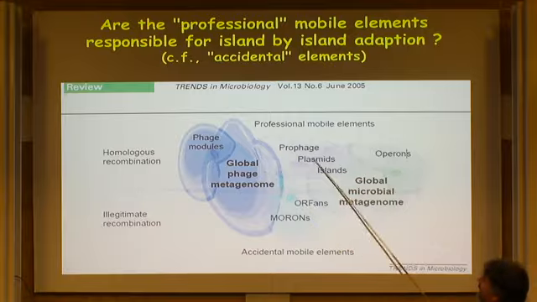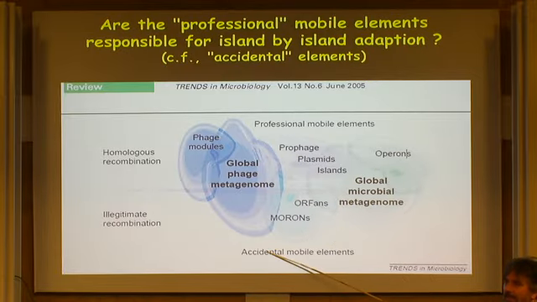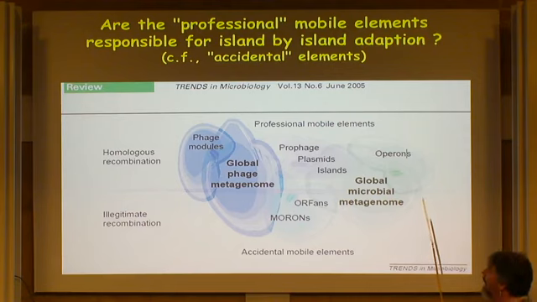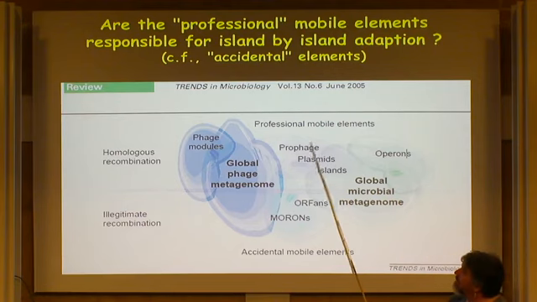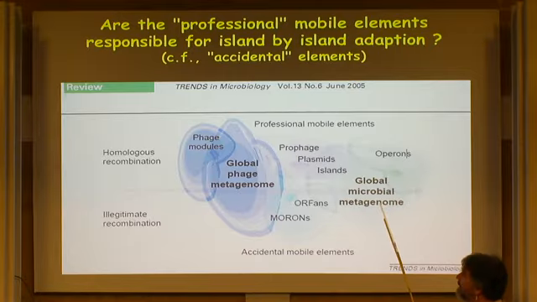Are they being moved from the phage and plasmid metagenome into the microbe metagenome? Or is it more these accidental ones where a specific gene will get into a system and get selected up? And right now, it's leaning towards this side. So I think it's going to turn out to be the phage and the plasmids that will be the most important ones for causing this evolution, or this adaptation, that we're seeing.